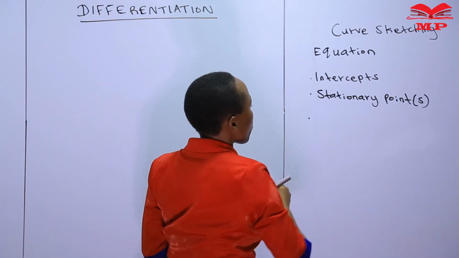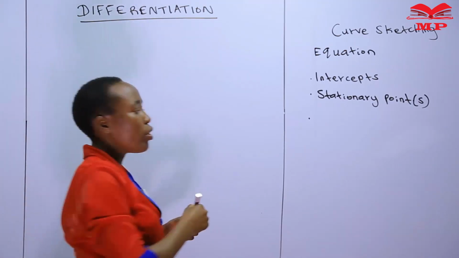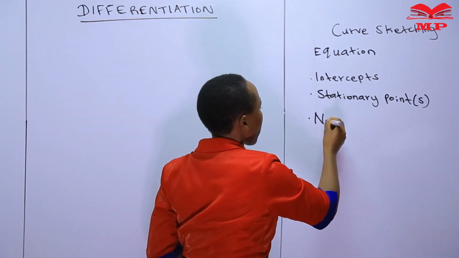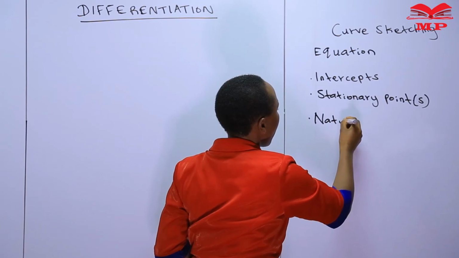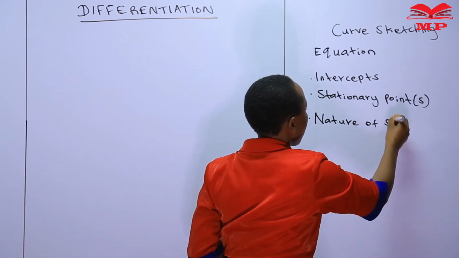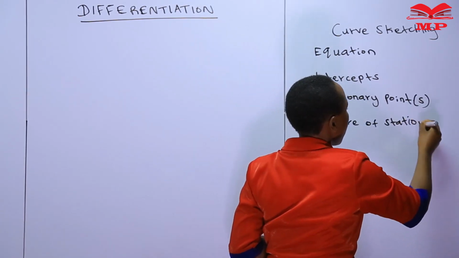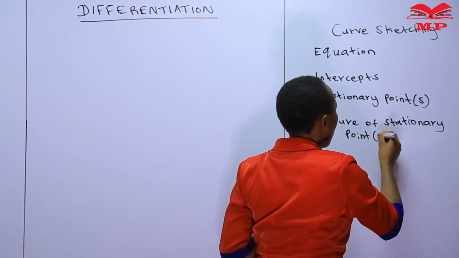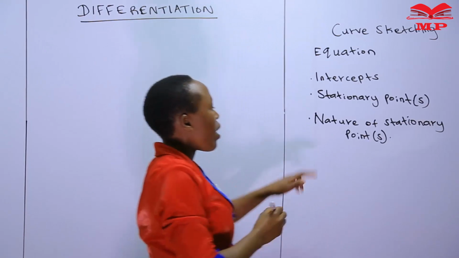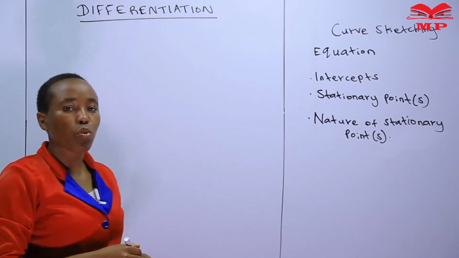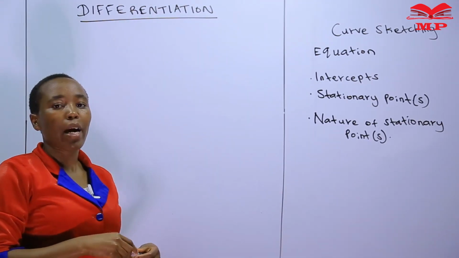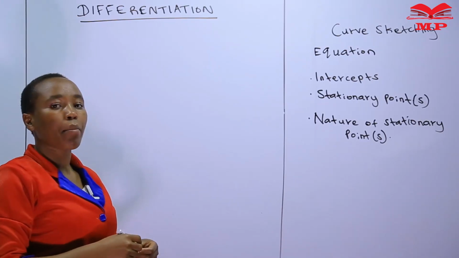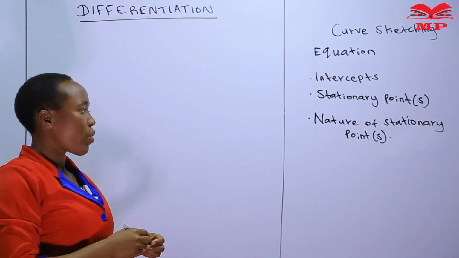Then, after getting the stationary points, you need to determine the nature of the stationary point or points. The nature here simply refers to whether it is a maximum, a minimum, or a point of inflection.